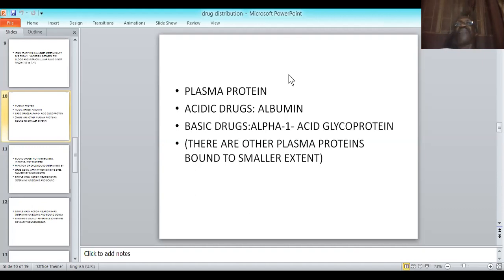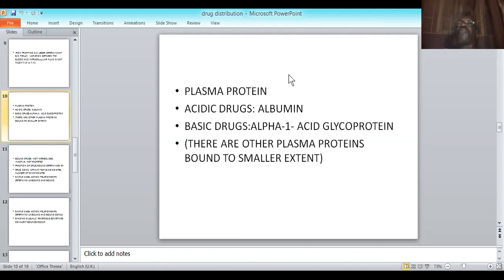So from time to time, some of the bound drug becomes unbound. Once the molecule becomes unbound, it goes to the active site where it is expected to act, binds there, and causes the expected drug action.